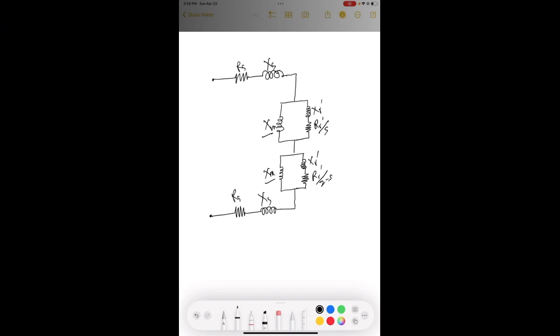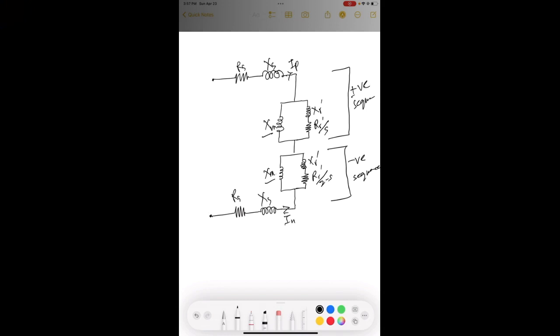Looking into the equivalent circuit, we know that this part is for positive sequence, and this is for negative sequence. So the positive current IP will be flowing from here, and IN will flow from here.